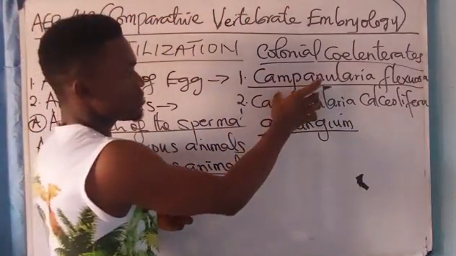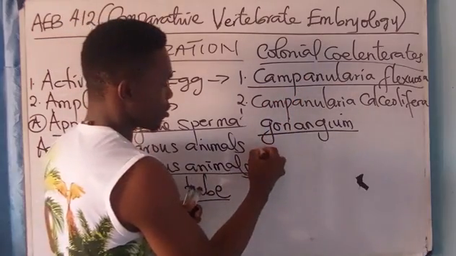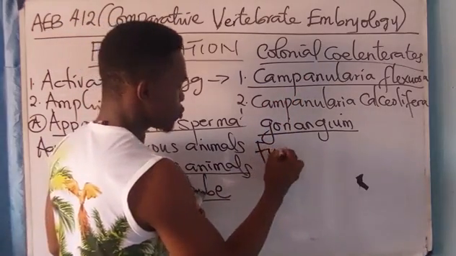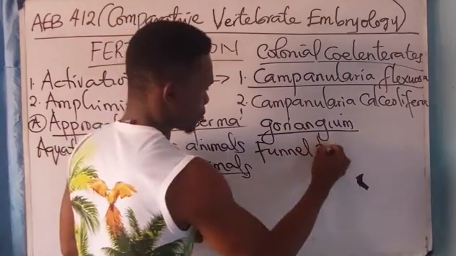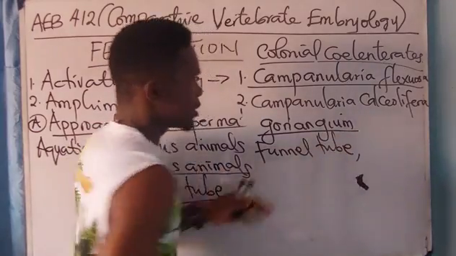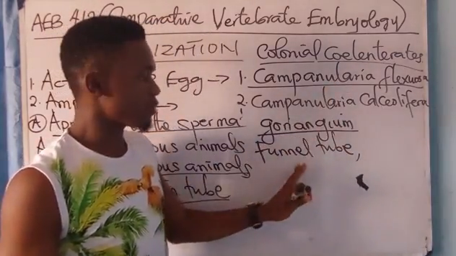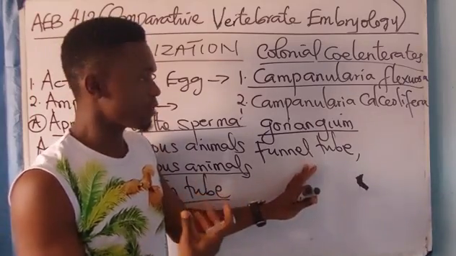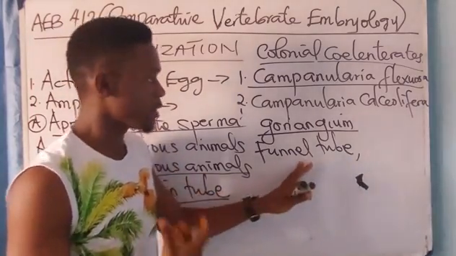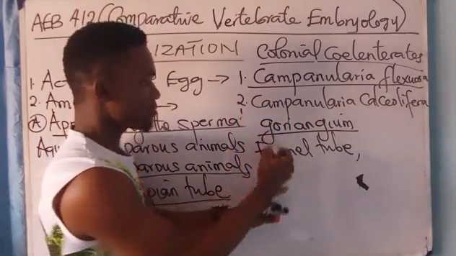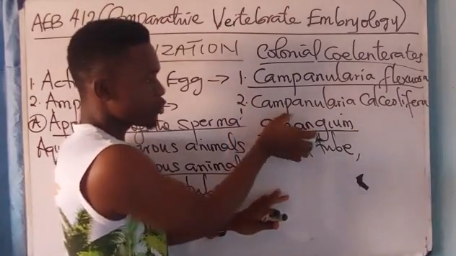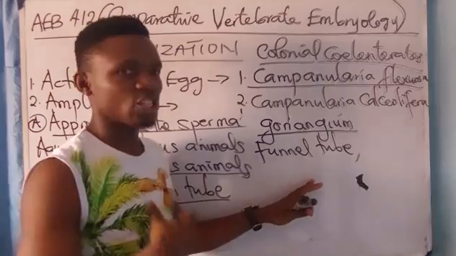These organisms have a funnel tubule. A tube that looks like what? A funnel. And the females have this gonangium, which is actually the attractant.